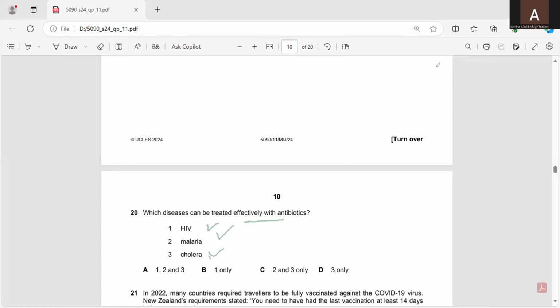HIV is a viral infection. Malaria is treated with the help of antimalarial medicines, whereas cholera is a bacterial disease. So the answer is D, because cholera will be treated with antibiotics.